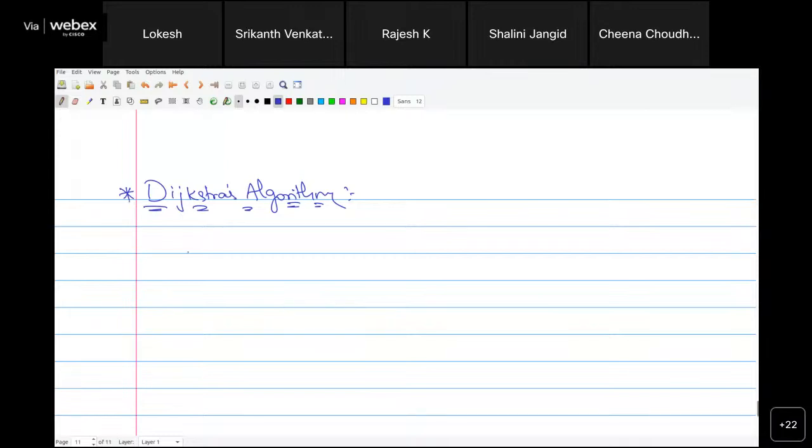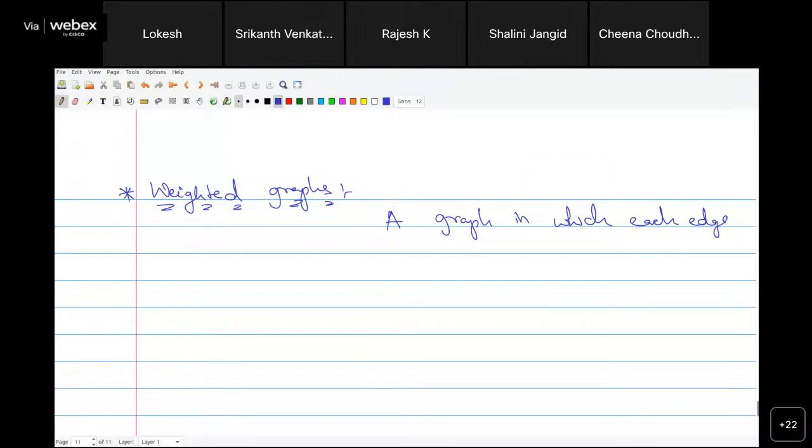Before this, for this we need weighted graphs also. So let me explain what a weighted graph is first. A weighted graph is a graph in which each edge is associated with a number, or we say weight.